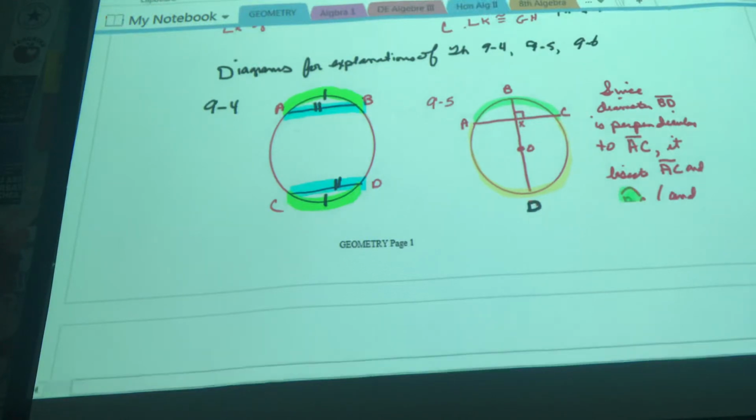So, segment BO and diameter BD are both perpendicular to AC, so it bisects chord AC and it bisects arc AC. Not only is that true, at the bottom in the yellow, major arc AC would be bisected into the 2 minor arcs, arc AD and arc CD.